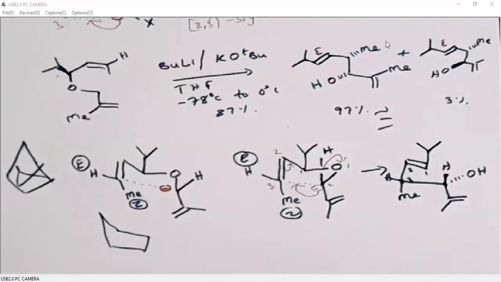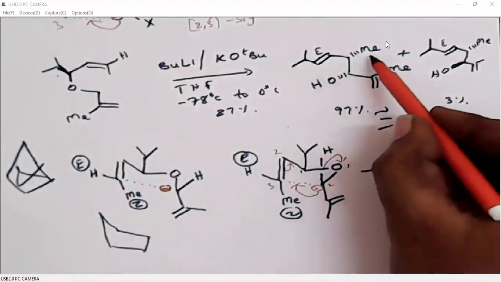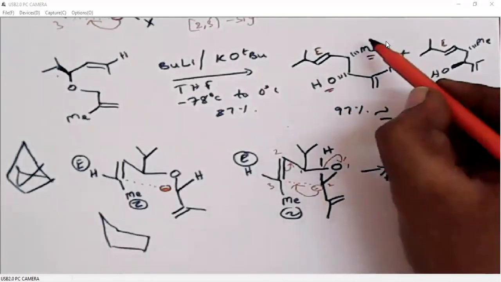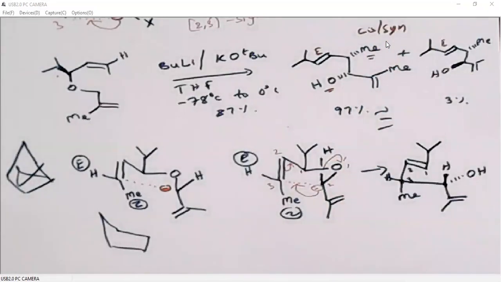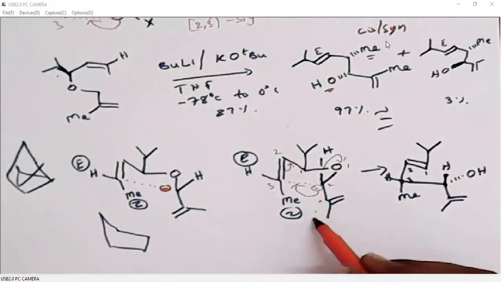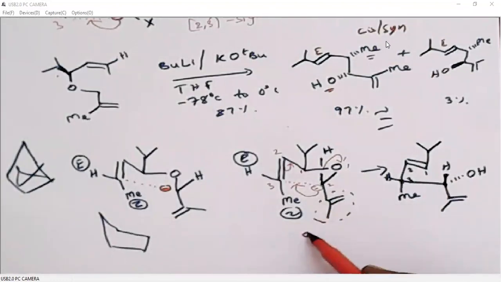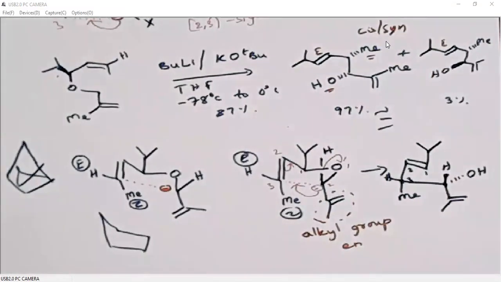Two more points to add here. These two substituents are almost cis or syn in all the cases. And second point, if this is a simple alkyl group, then it follows the exo rule.